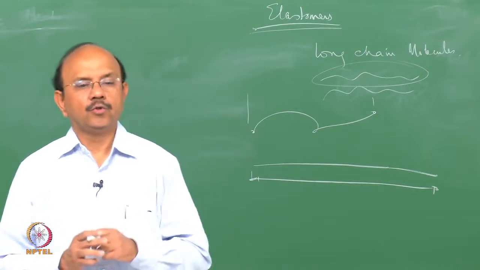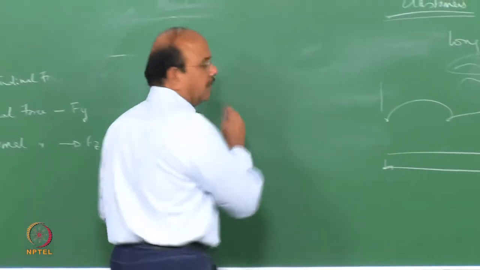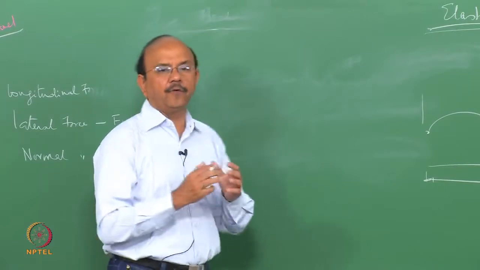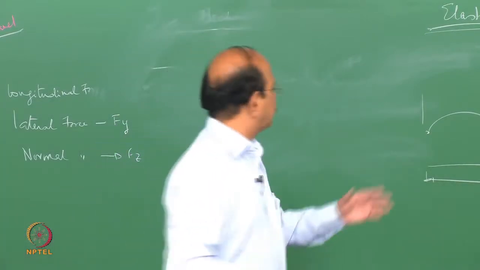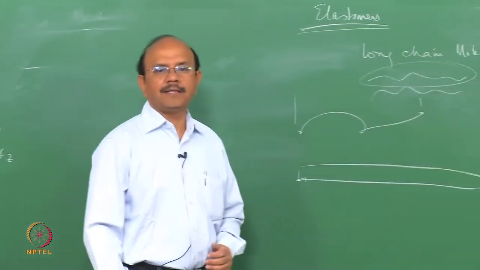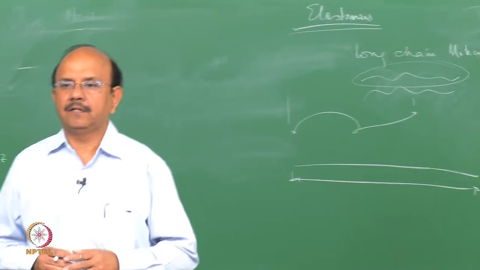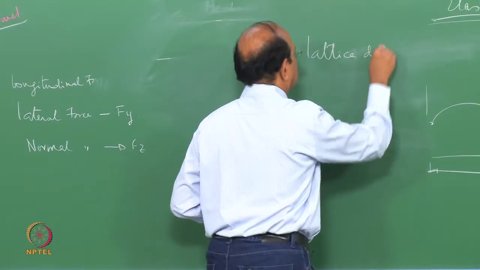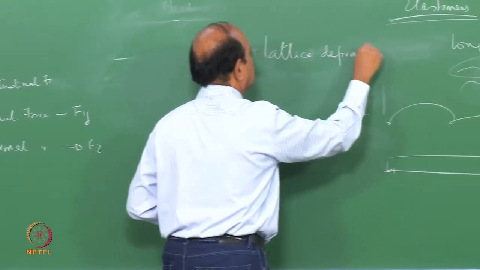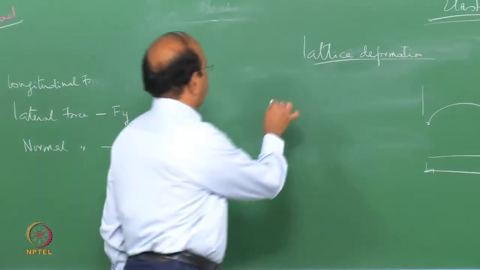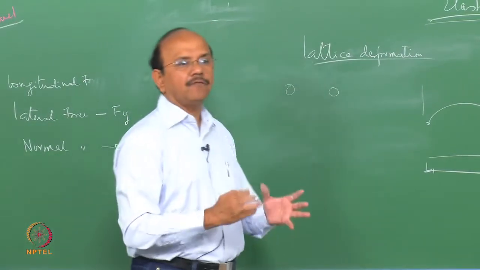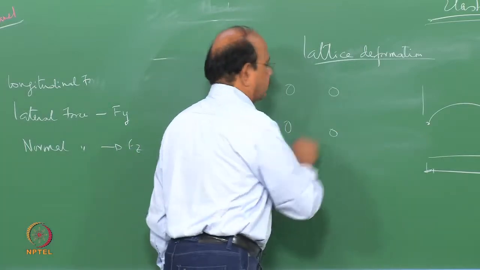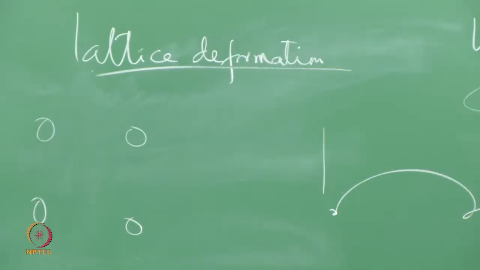The first point you have to notice is that this stretching is different from the stretching that you would notice in a metal. For example, if you look at steel, steel does not have molecules like this, obviously, and the elastic behavior of steel is due to what is called lattice deformations. Depending upon the type of the structure of the steel, let's say it's FCC or BCC, if it's an austenite, it's FCC and so on.